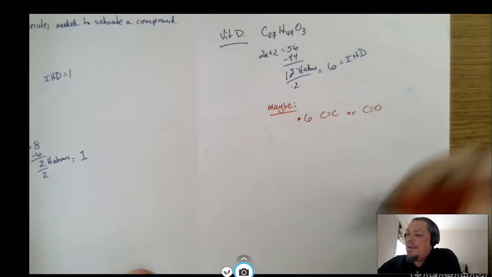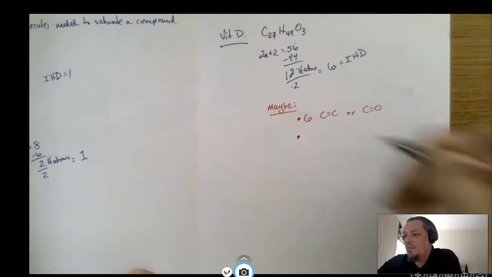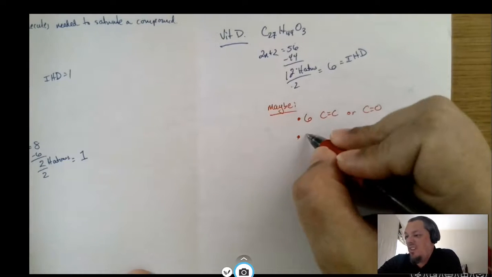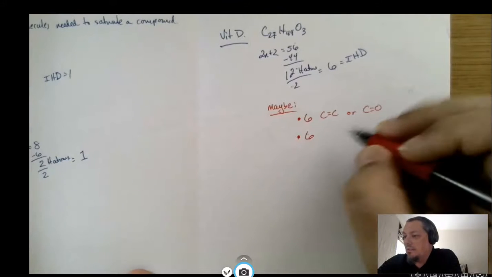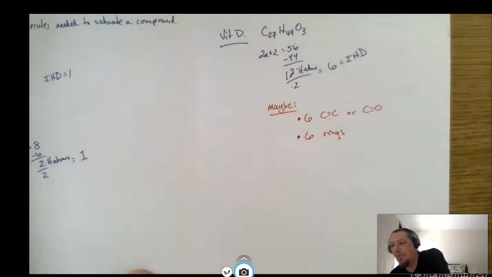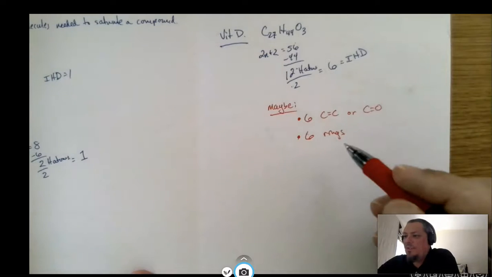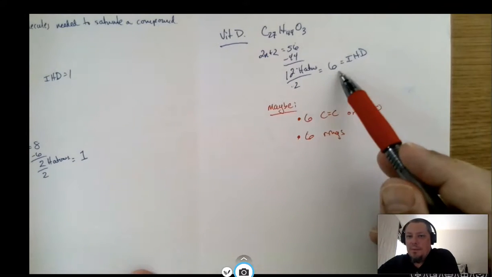Forming an alkane ring also removes a single hydrogen molecule, so I might have 6 rings. Those could be 5 carbon, 4 carbon, 6 carbon, most likely 5 or 6 carbon rings at this point. But just forming that ring removes a single hydrogen molecule.